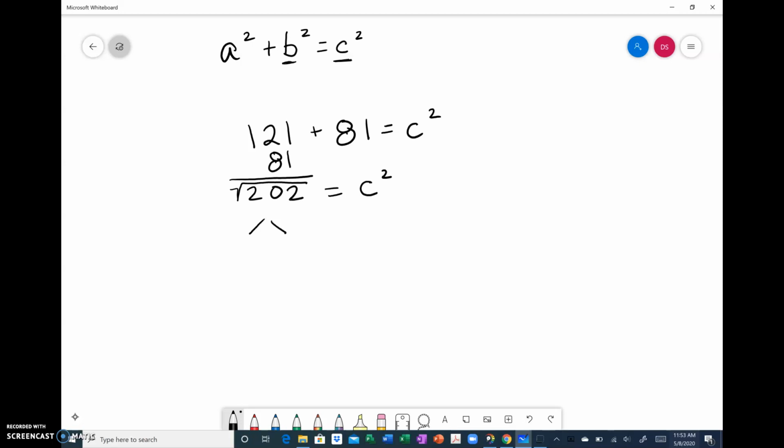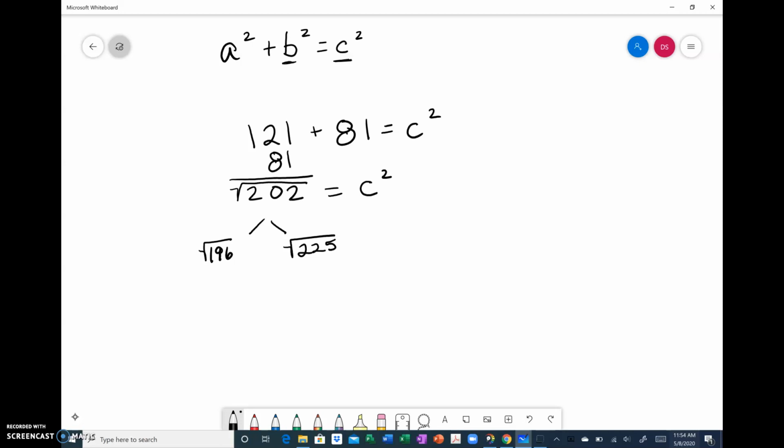What is the perfect square less than 202? I don't have a cheat sheet out here, so I'm going to guess that it is 169. No, I think I can get closer with 196, which I believe is the square root of, that square root is 14. Okay, so here we go.